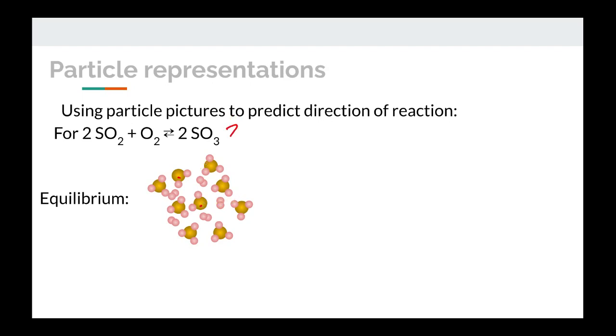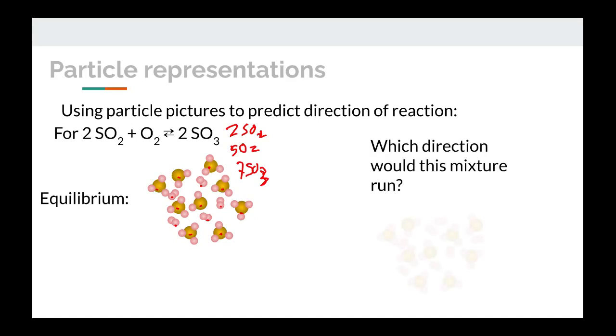So we have 2 SO2 at equilibrium in this amount of space. And then how about O2s? We got 1, 2, 3, 4, 5. 5 O2s. SO3s, we got 1, 2, 3, 4, 5, 6, 7 SO3. All right, so that's the equilibrium condition.